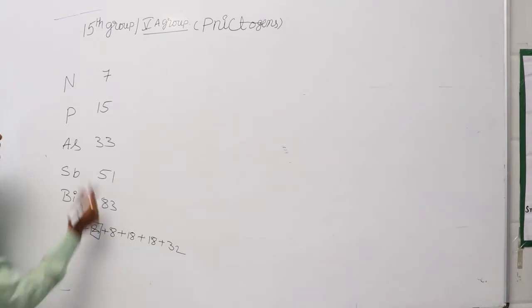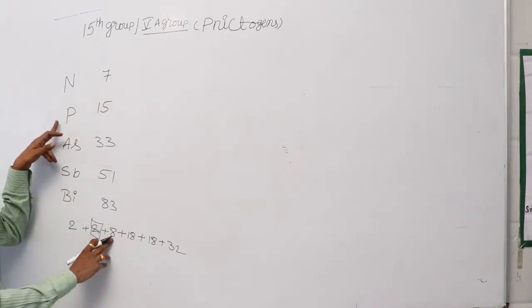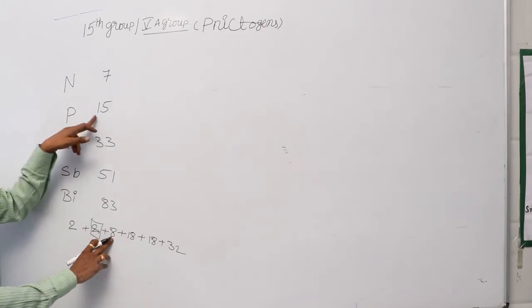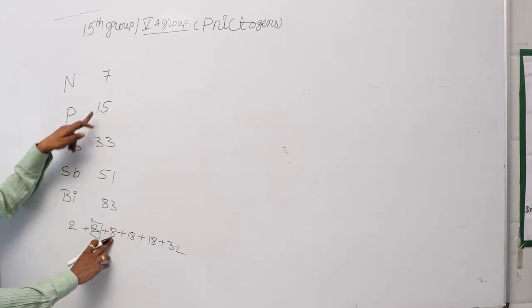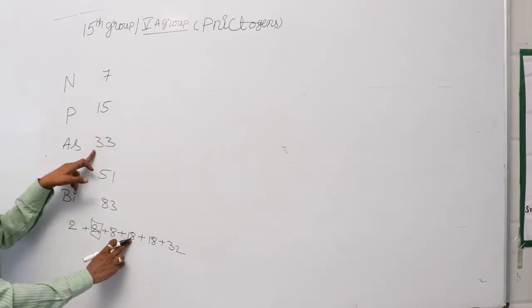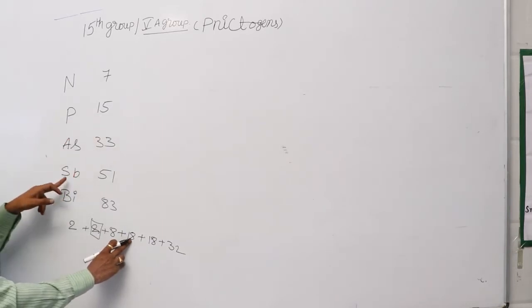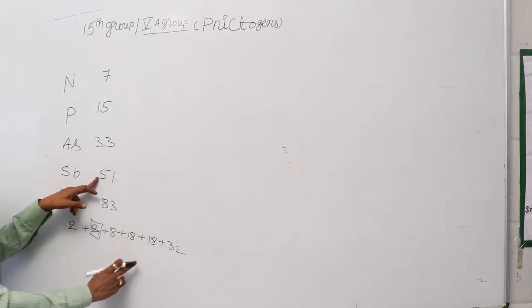If you want to write the atomic number of phosphorus, you just add the number of elements in the next period, 8. So you will get 7 plus 8, 15. Right? Now to get the atomic number of arsenic, 15 plus 18, 33. Next, to get the atomic number of antimony, 33 plus 18, 51.